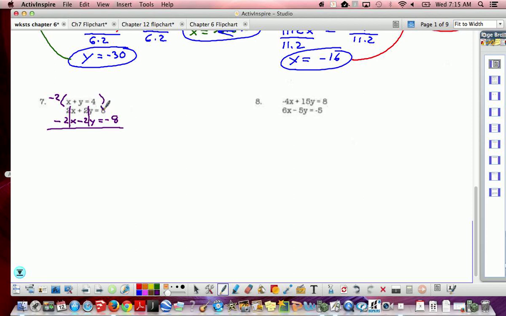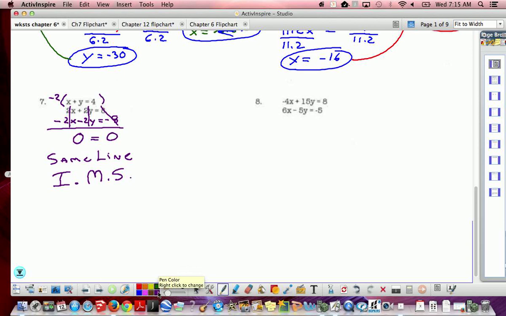Cancels out, cancels out, cancels out. So you have nothing left on the left side. It equals nothing left on the right side. So that means they are the same line. And that means we have infinitely many solutions. We abbreviate that IMS. So number 7, that went really quick. Love them when they're that fast.